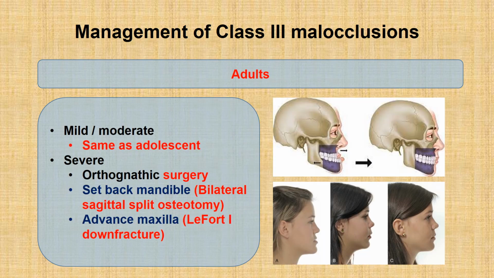Now, management of class 3 malocclusions in the adults. Okay, now if it is mild or moderate, then the management is the same as in the permanent dentition.